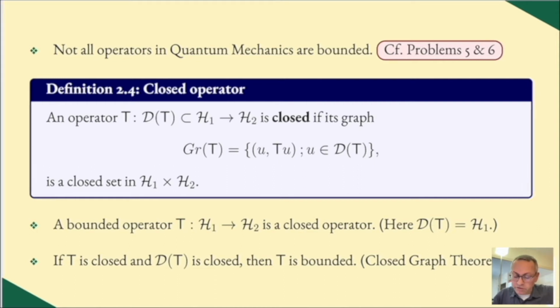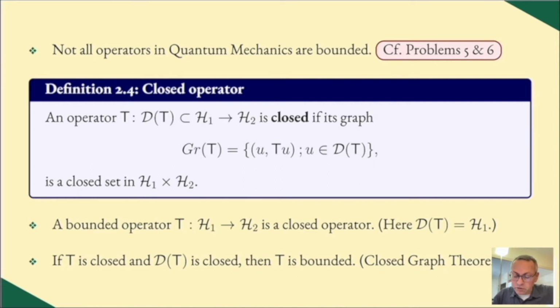So the graph is simply the set of pairs (u, Tu), where u is in the domain of T. So it defines a subset of this Cartesian product, right? And you can put a norm on this one, so you have a topology, so you can speak about a closed set.